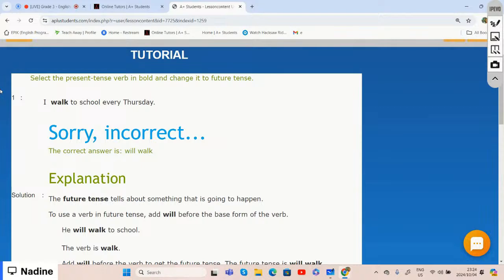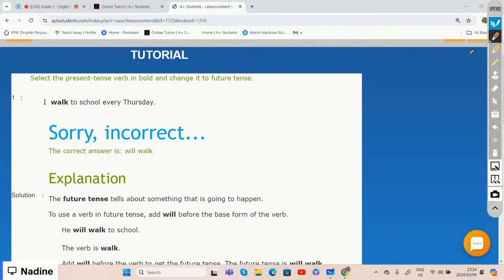And yes, all we have to do is say will walk. Because remember, we said we add the word will in front of our verb. So will walk, will talk.